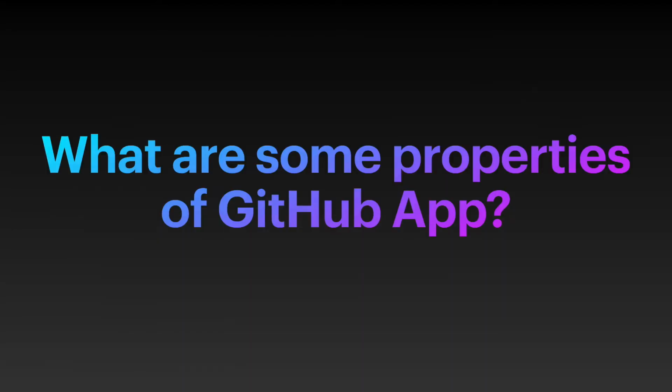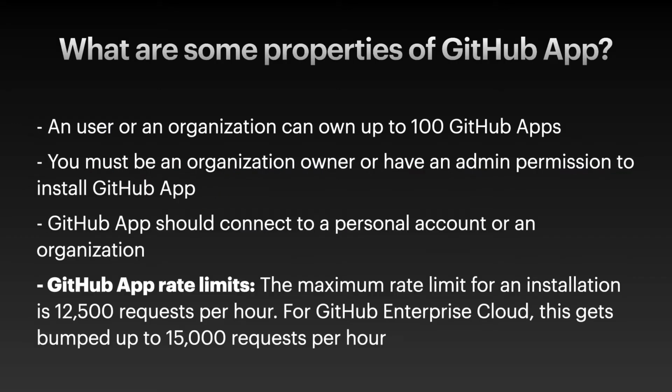What are some properties of a GitHub app? While we cannot cover all the properties and features of a GitHub app, the following list can give us some idea what a GitHub app offers. A user or organization can own up to 100 GitHub apps. You must be an organization owner or have admin permission to install a GitHub app.